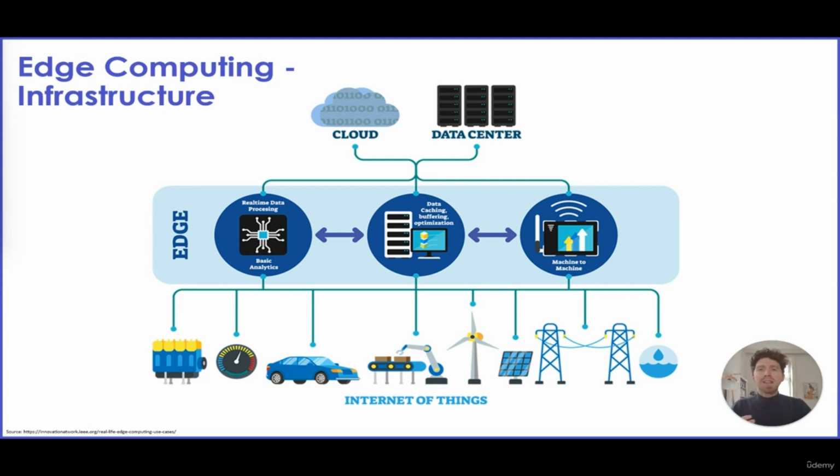So they constantly, in real time, are producing data and send this data to the edge servers. In these edge servers, you have real-time data processing, you can do basic analytics, data caching, buffering, optimization, and already implement machine-to-machine communication on a local level.